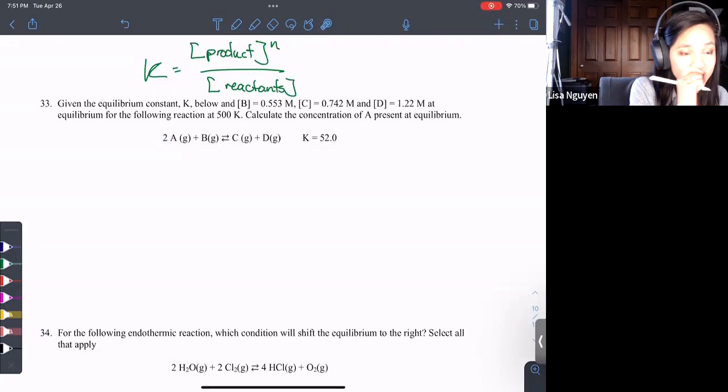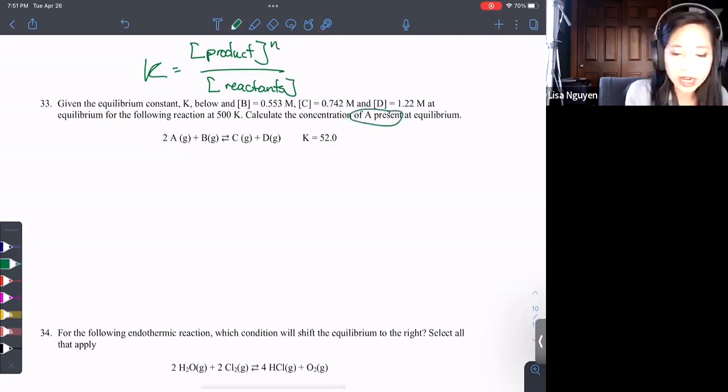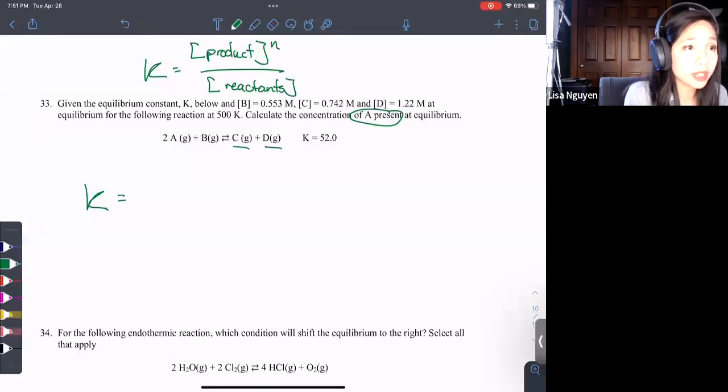If we look at this question, I give you a bunch of concentrations, and I want you to calculate how much A is present at equilibrium. I give you the K constant. K will be satisfied when the concentrations give K. If we put together our K equilibrium expression, we take the concentrations of our products, they're both gases.